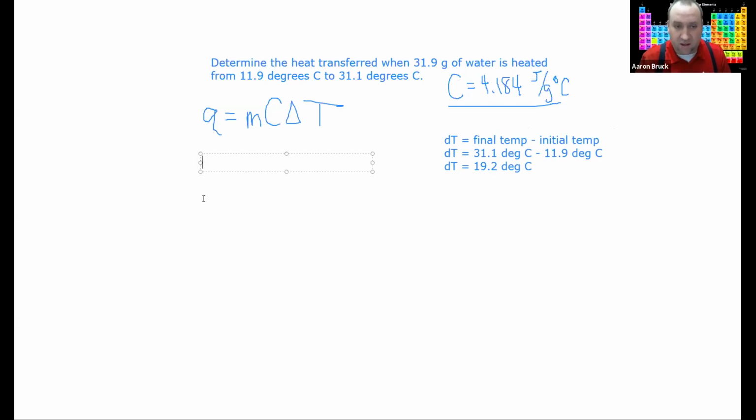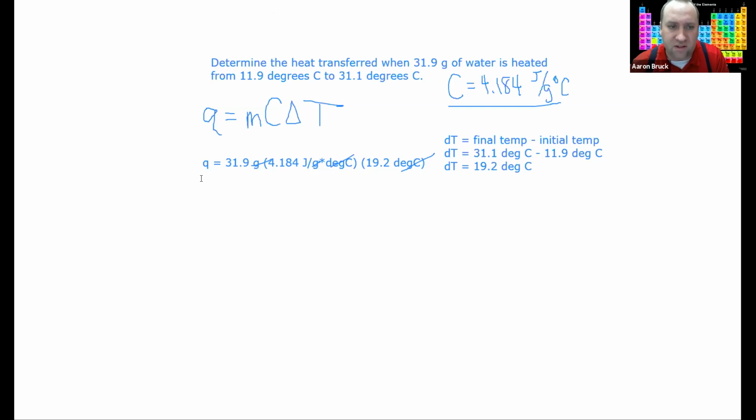So now putting it all together, Q is equal to the mass, 31.9 grams, multiplied by the specific heat, 4.184 joules per gram degrees Celsius, multiplied by the change in temperature, 19.2 degrees C. If I put all of those in a line together, you can see that my grams cancel out, my degrees Celsius cancels out.